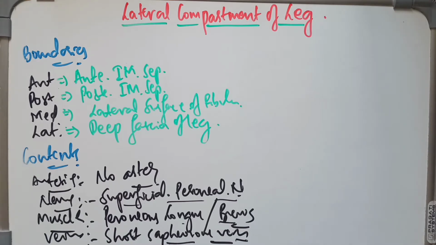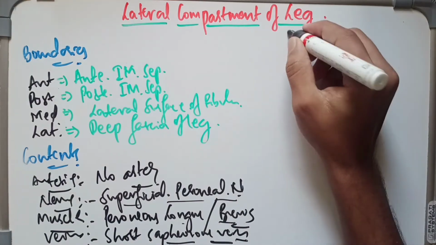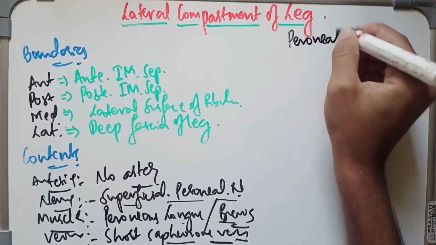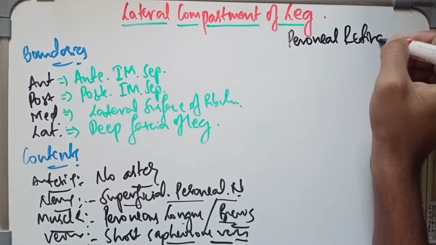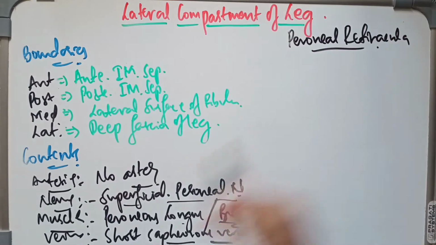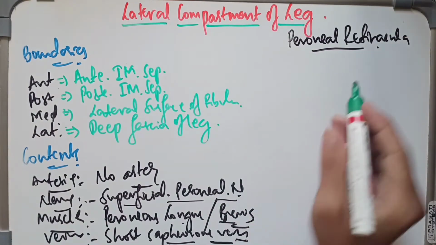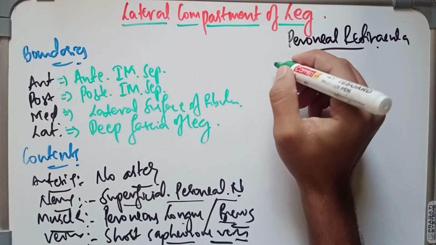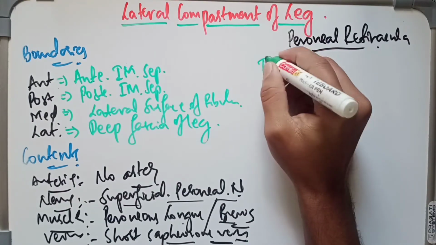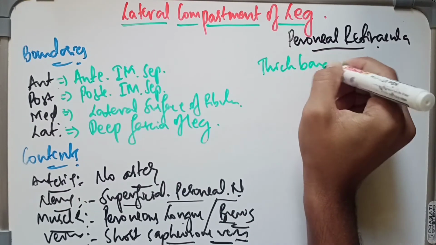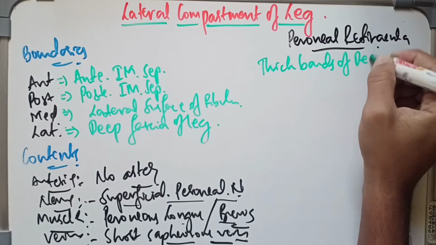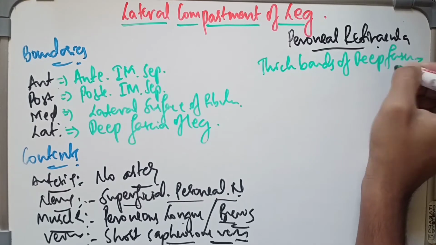Now finally moving into the topic, that is the peroneal retinacula. This is an important topic, and you need to know it in detail. The peroneal retinacula are thick bands of deep fascia. And what is their work?